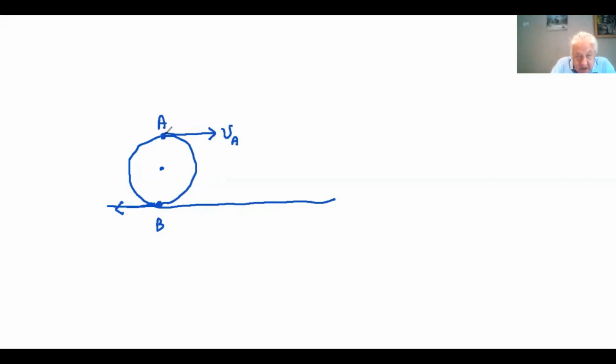Now, at this point, it has the velocity of the center of mass, but it also has a tangential velocity. So the point A is going to move at twice the tangential velocity. So we have the v, the linear velocity of the center of mass, plus the tangential velocity. So we end up with 2v.